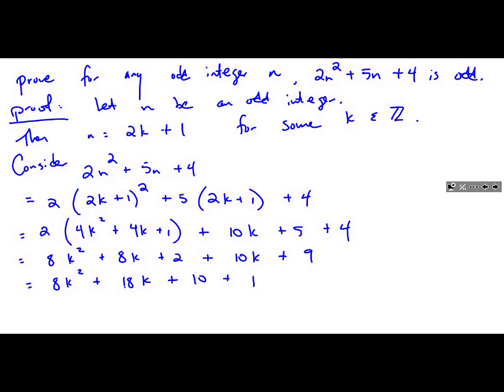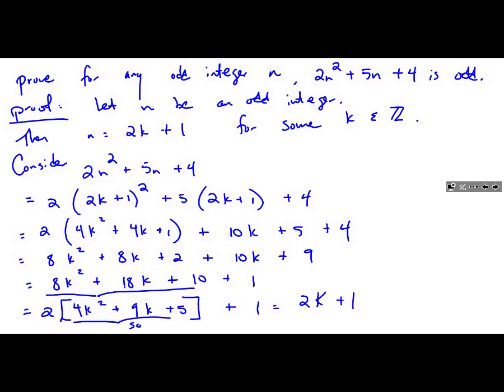And now if I notice right here in this expression, I can factor out a 2 from everything. This would give 4k squared plus 9k plus 5, plus 1. This would equal 2 times that quantity plus 1.